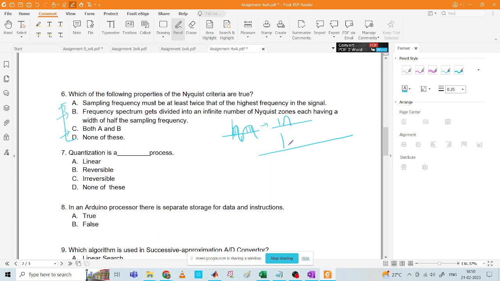Now it will have a spectrum like this, repeated at fs by 2 and at fs. This is called sampling theory, right? So this is very important. Question number 7.